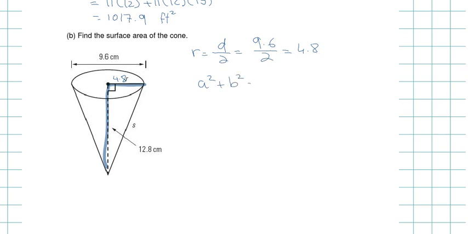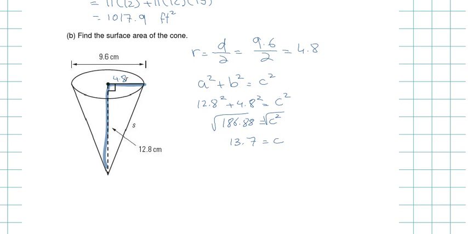I'm going to plug in 12.8 squared plus 4.8 squared. And to find c, you just have to take the square root, and that gives you 13.7. And now you have your slant height, you just have to enter it in the formula.